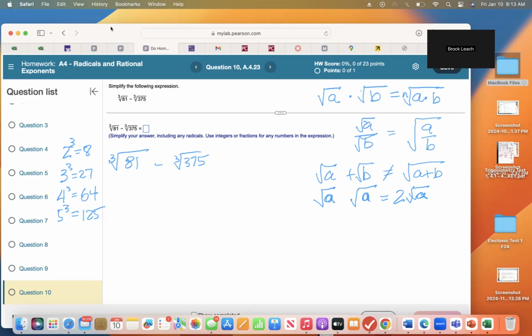So in other words, this can be written as the cube root of 3 times the cube root of 27. I should have written them in a different order, but the cube root of 27 becomes 3, and then we still have a cube root of 3. But 27 is going to 375. We saw 375 earlier.